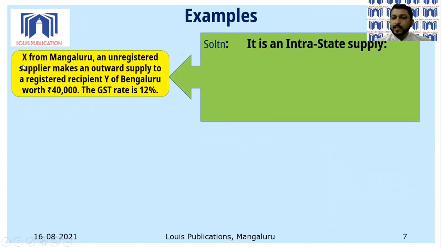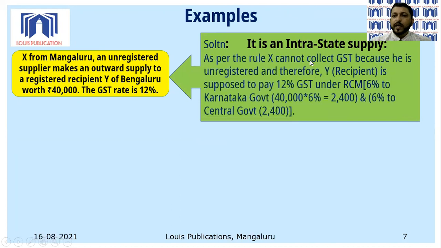Now since X is not registered, X cannot collect GST. And therefore, Y is a registered recipient. So Y is supposed to pay 12% GST under reverse charge mechanism.